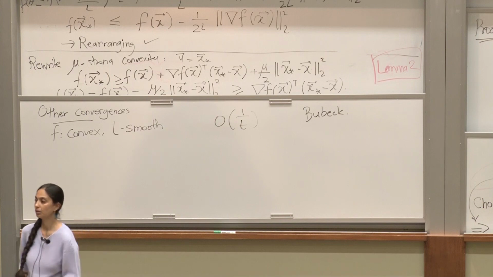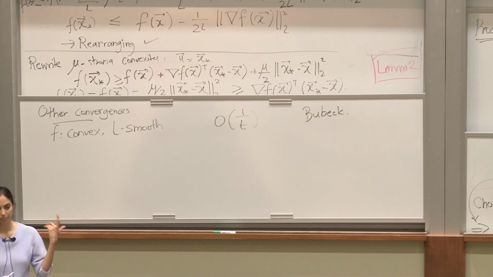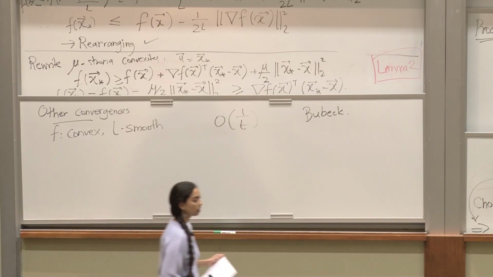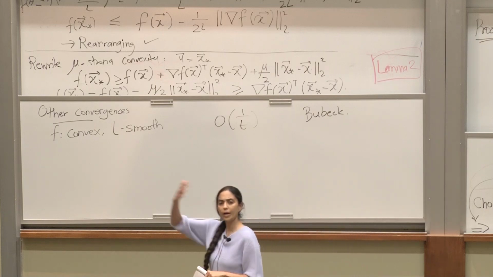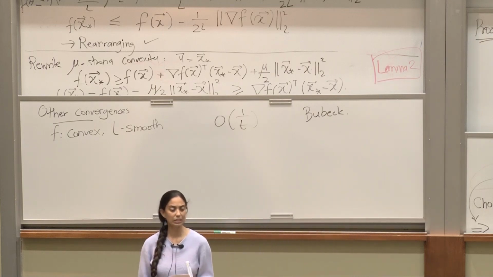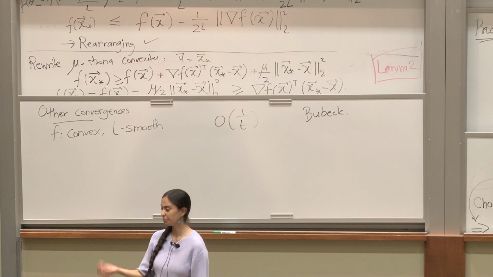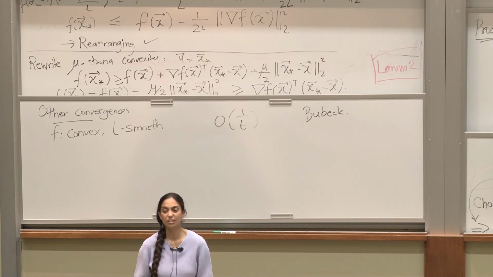And so if you want to read more about it on your own time, that's also something you can look at. But what I want to do with the rest of the time is not go through more convergence proofs, but just give you a sense of where to go from here. Gradient descent is just the beginning, it's the foundation.